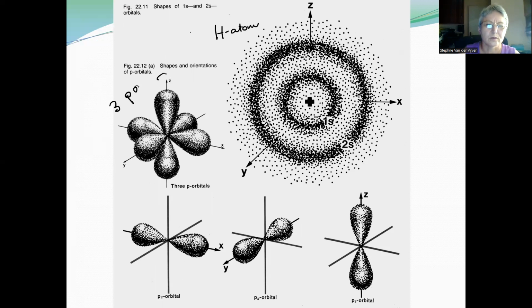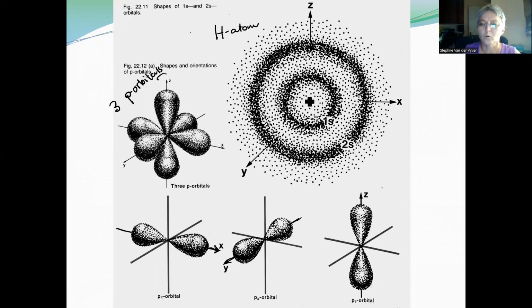These orbitals here are the 3 p orbitals. You always have 3 p orbitals together. They are the px, py, and the pz orbitals. If you take them apart, the px orbital will lie along the x-axis, the py orbital will lie along the y-axis, and the pz orbital will lie around the z-axis.